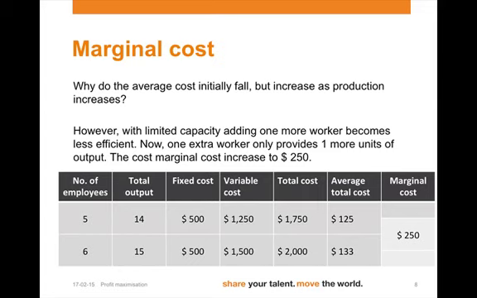That 1 worker costs 250, and that means that the marginal cost is also 250. So depending on the sales price of the product, the company will decide whether or not to hire this extra employee.